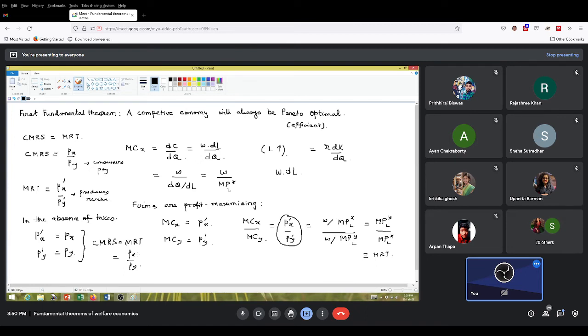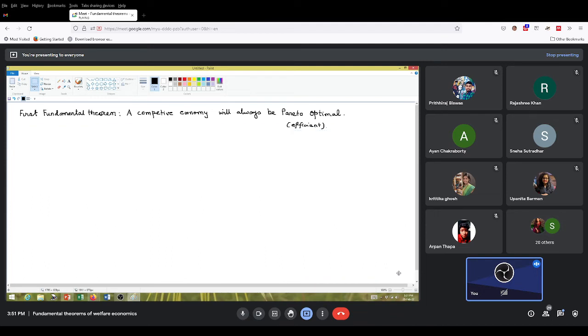But the result of this is the price mechanism coordinates the individual self-seeking maximization in such a way that the resultant general equilibrium will be Pareto optimal and efficient. Okay, so this is what Adam Smith called the invisible hand.